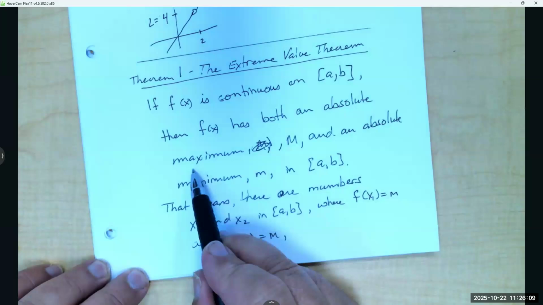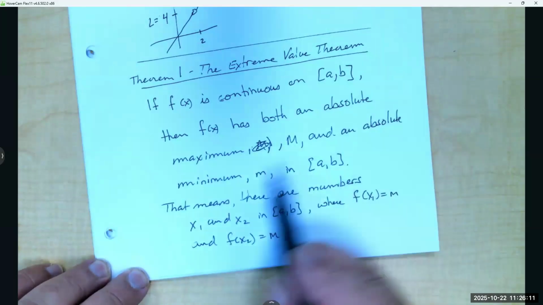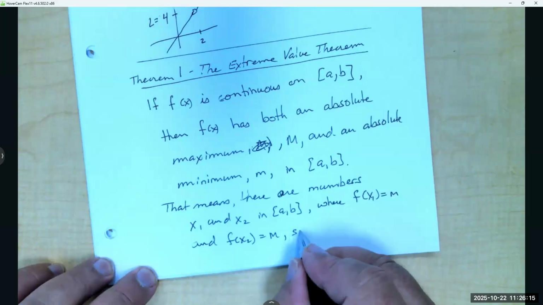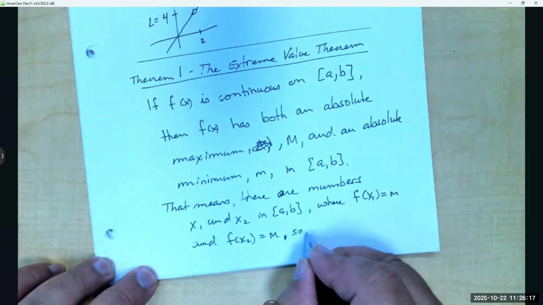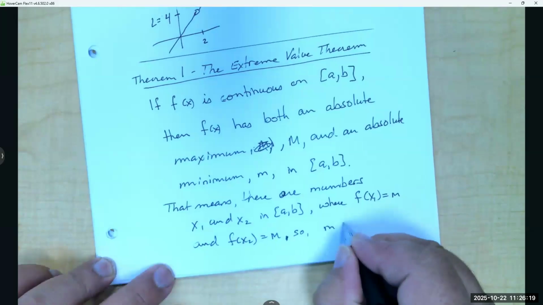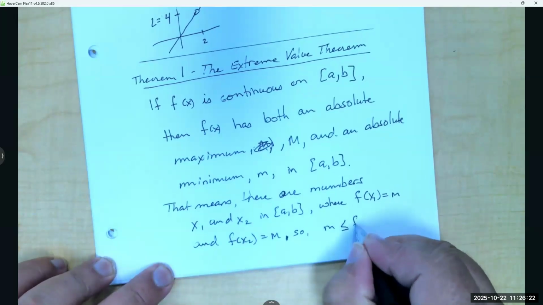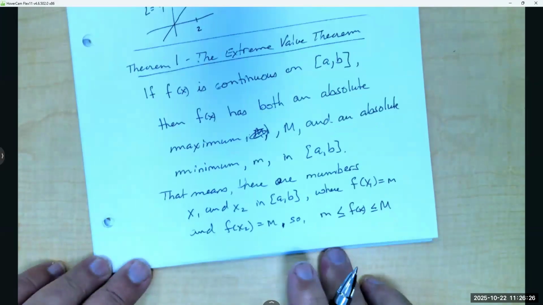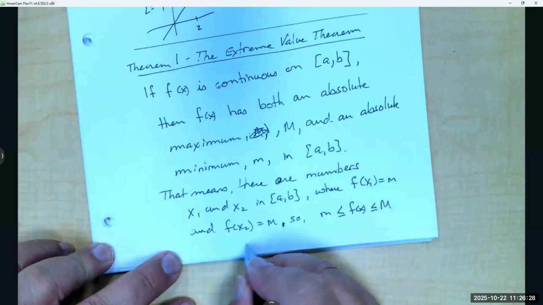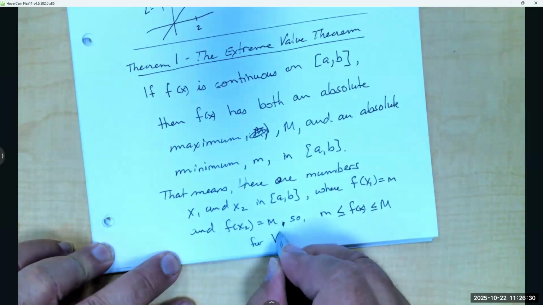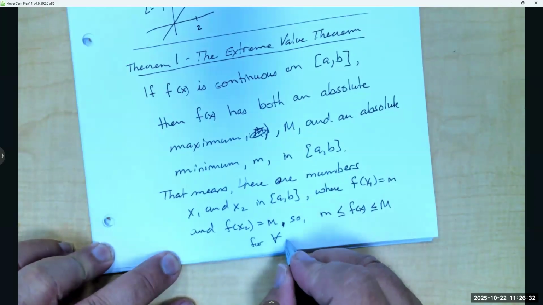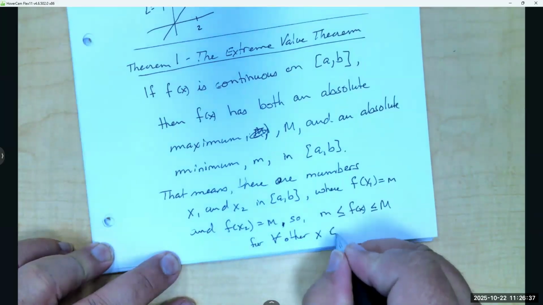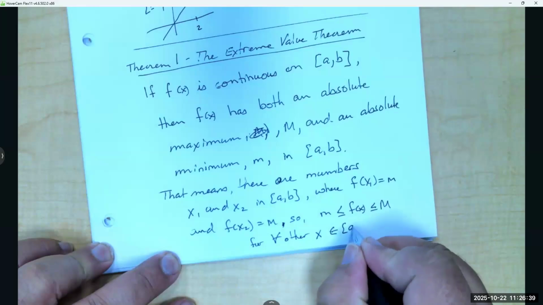Remember, big M was the absolute maximum, little m was the absolute minimum. So m is less than or equal to our function, which is less than or equal to our upper bound M, for every other x in the domain AB.